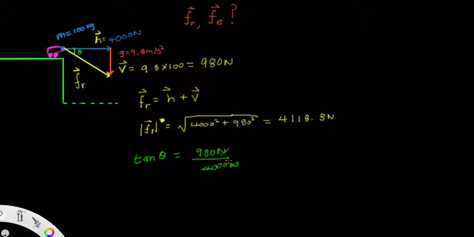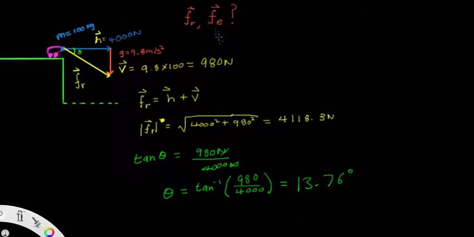Cross out the units there, and if we now take the arctan, or the tan inverse, we figure out that this angle here is equal to 980 over 4,000, and that turns out to be 13.76 degrees.